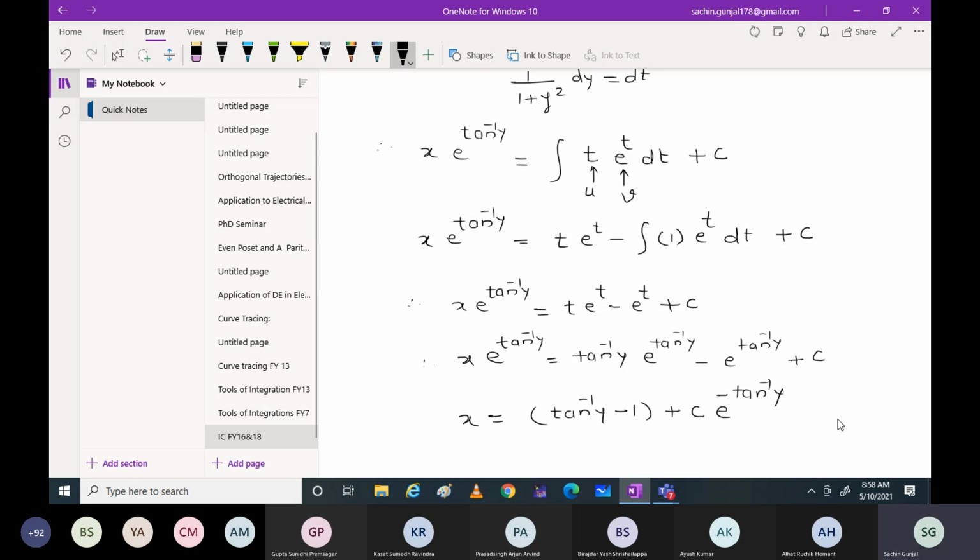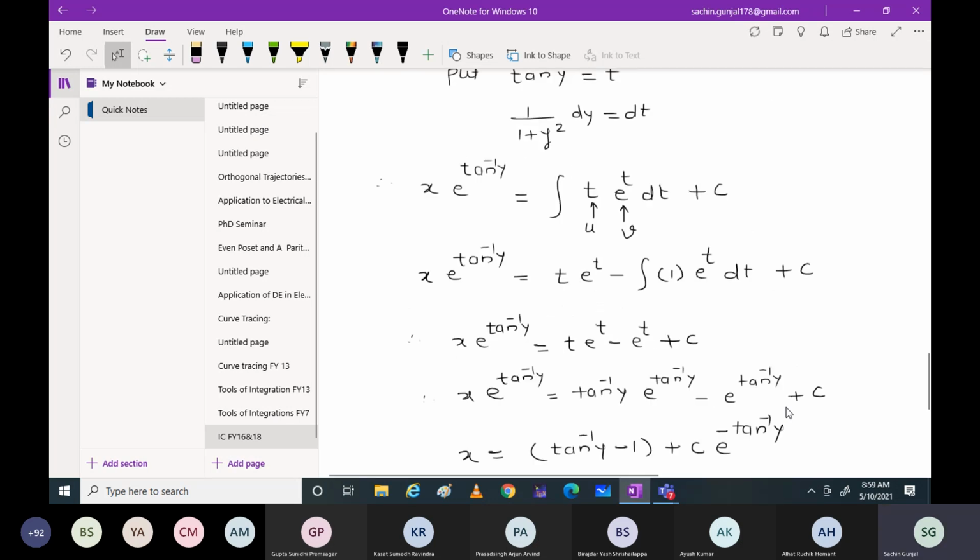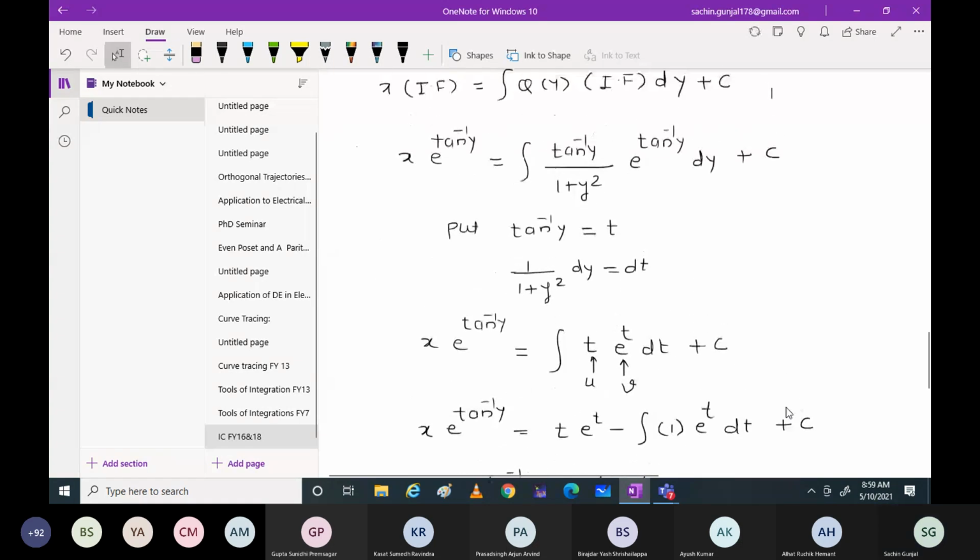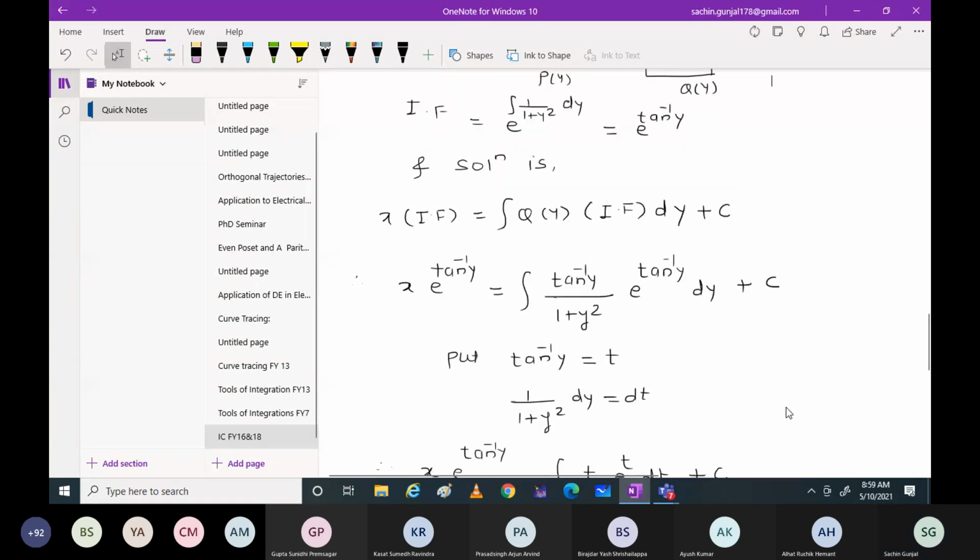Now there is one question. Of course, few people have observed it. Let me ask. Whenever I take integration, I am writing the constant of integration here, isn't it? But I also took integration here in this e raised to integral 1 upon 1 plus y square dy, even in the last problem also.